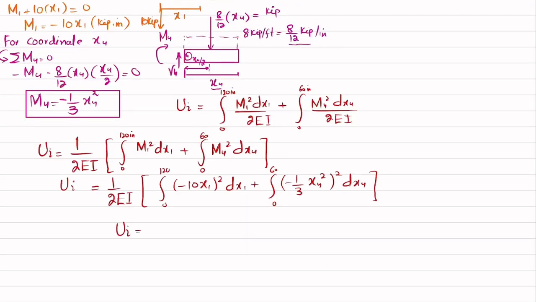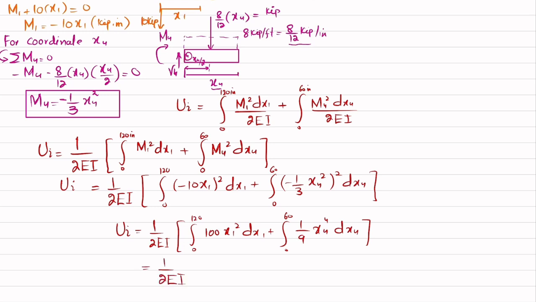So U will be 1 over 2EI times the integral from 0 to 120 of 100 x1 squared dx1, plus the integral from 0 to 60 of 1 over 9 x4 to the power 4 dx4.